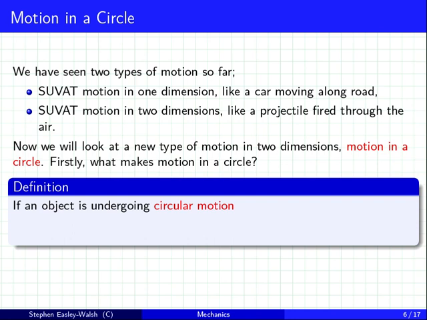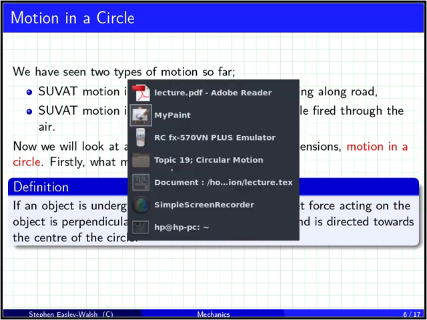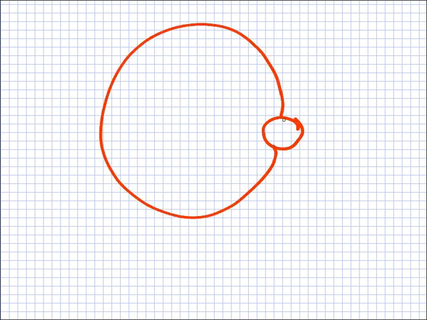If an object is undergoing circular motion, then there's a net force acting on the object which is perpendicular to the velocity and is directed towards the centre of the circle. So as a picture, if something is moving in a circle, then you have a velocity this way. Here's the radius, and the force is perpendicular to the velocity, and it's also pointing towards the centre of the circle.